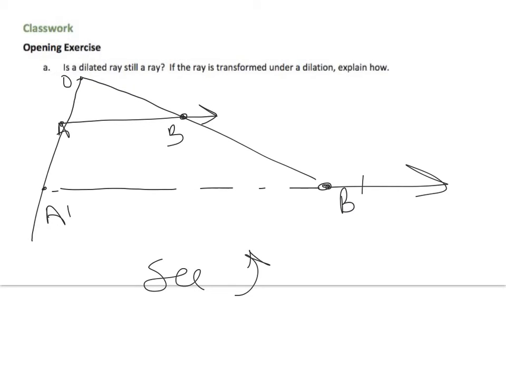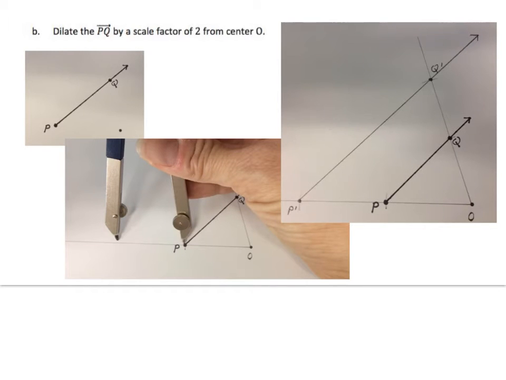I just sort of showed you how, but we're going to do it a few more times during the lesson. So now we're going to dilate a little nicer. Dilate ray PQ by a scale factor of 2 from center O. So we have ray PQ. This is in your classwork. The ray goes through Q and continues.